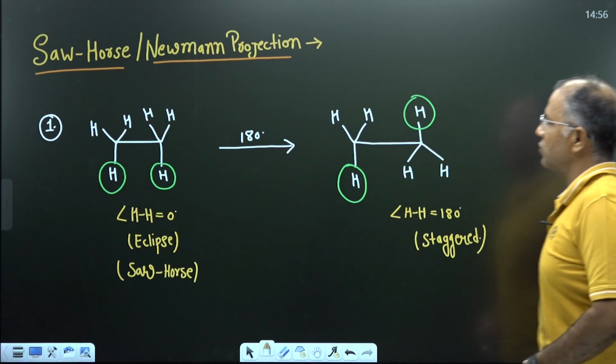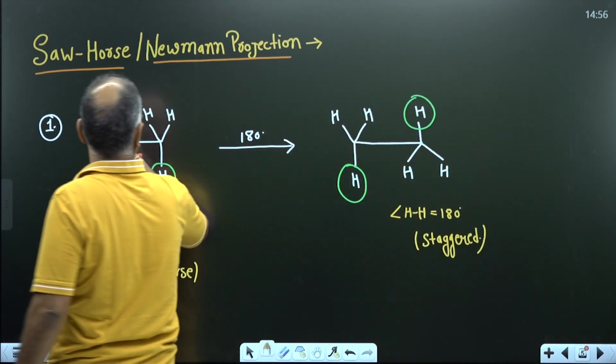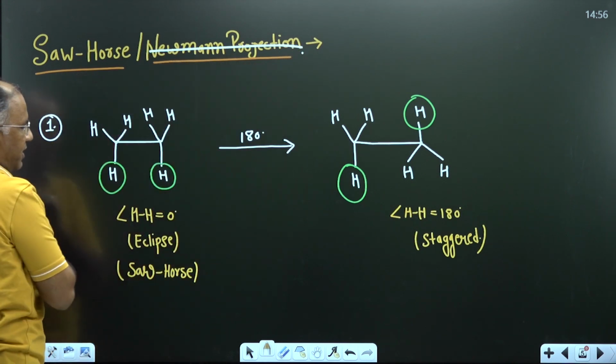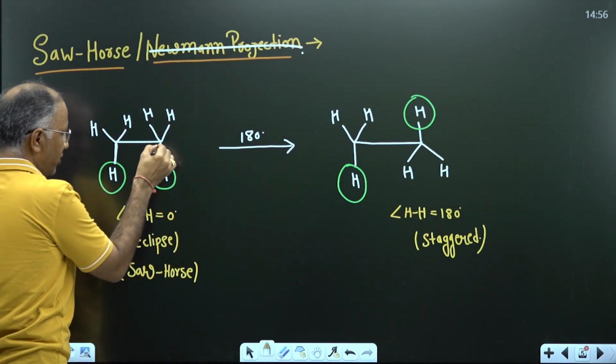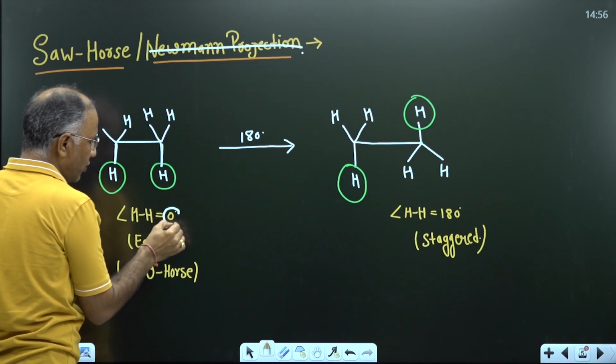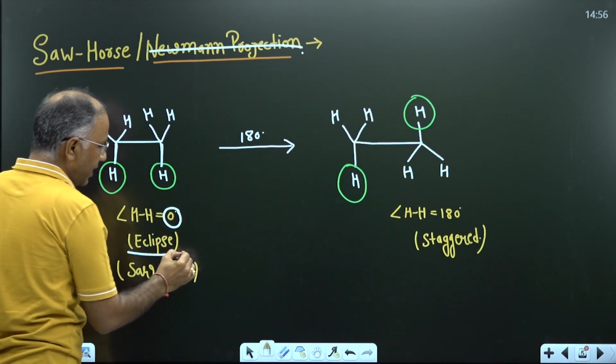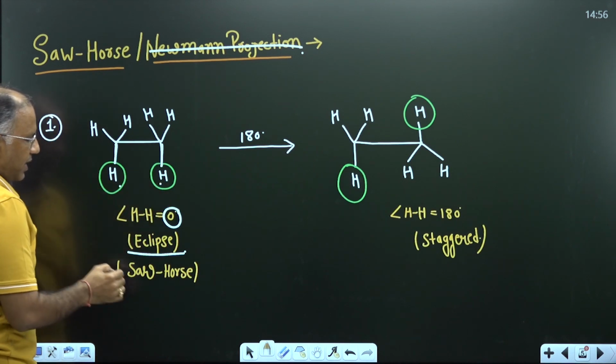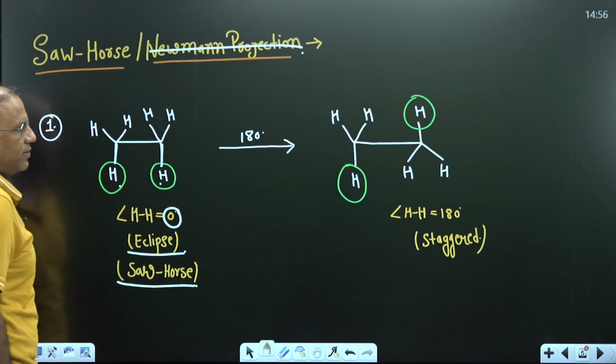Now this type of projection is known as Sawhorse projection. In this case, these hydrogens are parallel, meaning the angle is 0 degree, and it is known as the eclipsed conformer. If the H-H angle is 0, it is eclipsed.